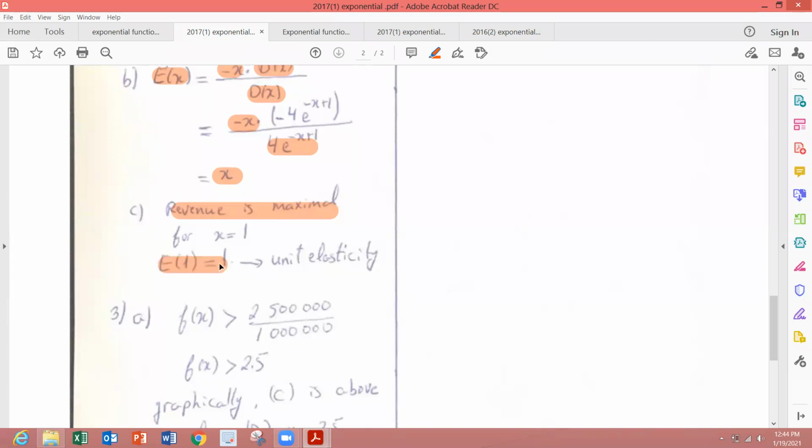What does it mean if elasticity equals 1? It means we have a unit elasticity. What's meant by unit elasticity?